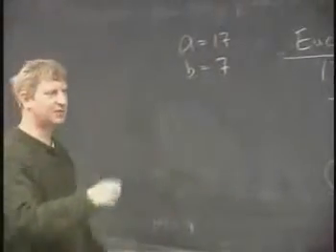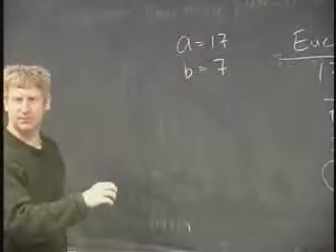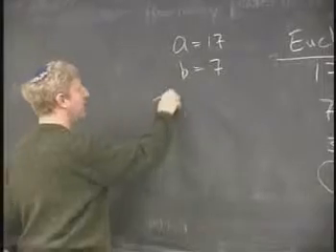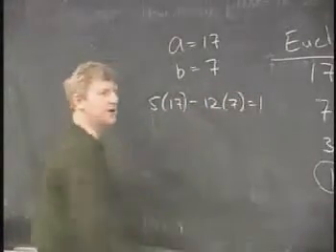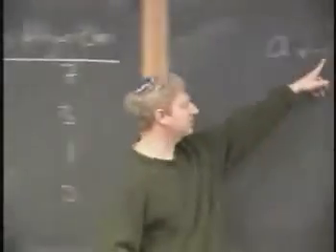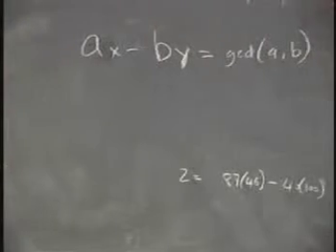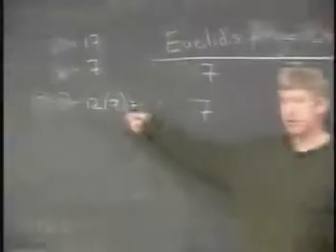Otherwise, I'd have to switch the negatives around. So you got to do the other solution for me. What is it? 5 and 12. 5 times 17 minus 12 times 7. Remember we did both solutions there? So here we get 5 times 17 minus 12 times 7, and that equals 1, the greatest common divisor of 7 and 17. So when I write this down in general, I'm really thinking of this in particular.